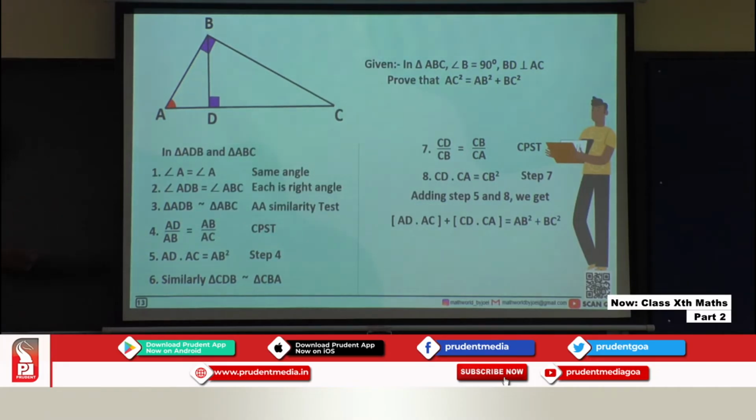Okay, so AD multiplied by AC in one bracket plus CD multiplied by CA of step number 8 in the other bracket is equal to whatever is there on the right hand side. Now if you look carefully in this left hand side, I can see that there is AC and there is CA, which is the same as AC only, which are two common sides.